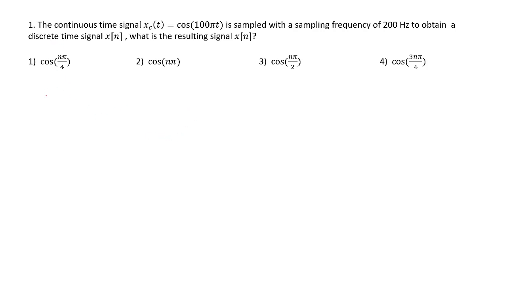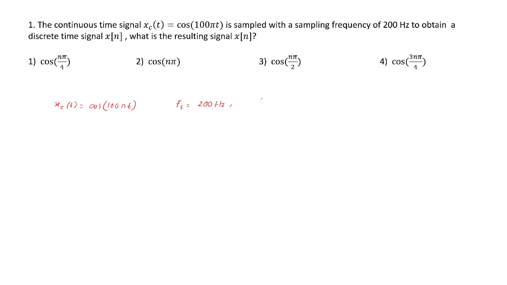Your continuous time signal xt is given as cos 100 pi t. You are going to sample this signal with a sampling frequency Fs equal to 200 hertz.